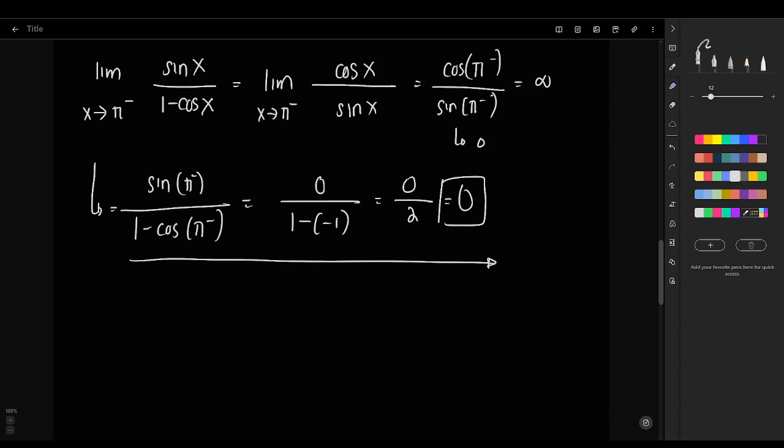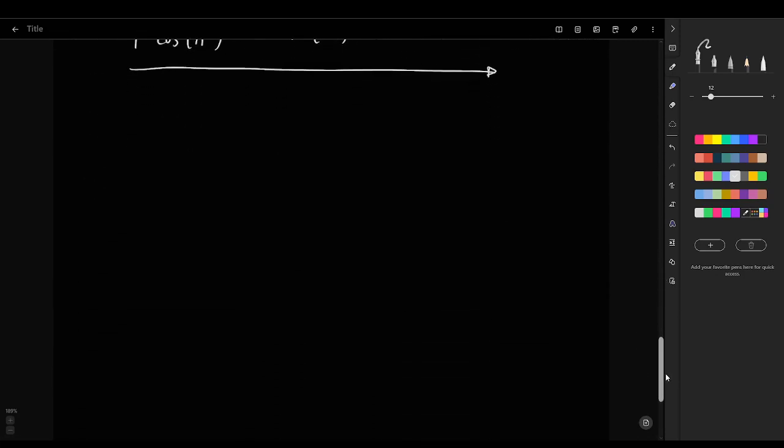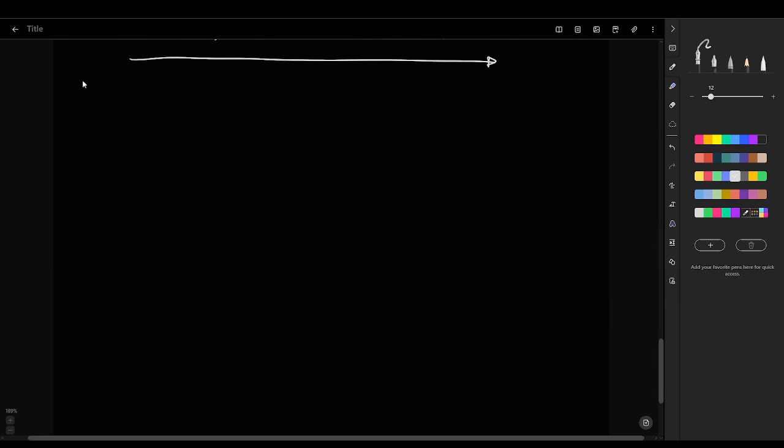What are other indeterminate forms? You may have indeterminate forms in some cases such as this. Let's have an example of this one.